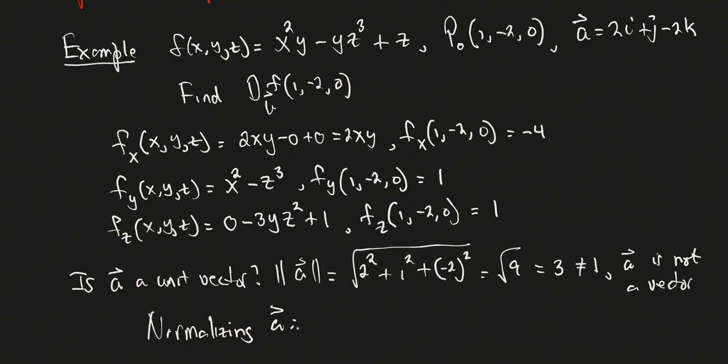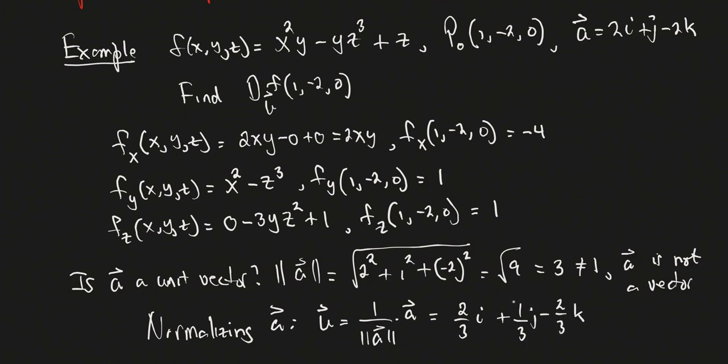So normalizing a gives us our unit vector, and that's 1 over the magnitude of a times a. Remember the magnitude of a is 3, so we're going to end up with our unit vector being 2/3 i plus 1/3 j minus 2/3 k.